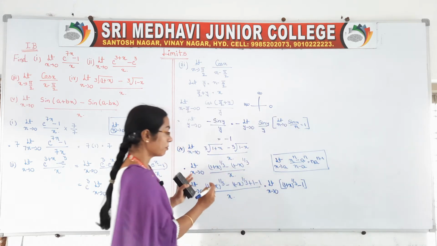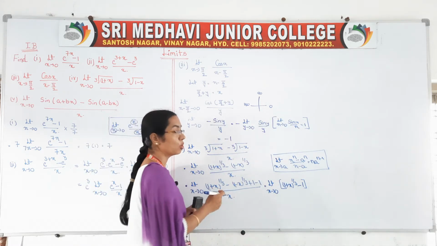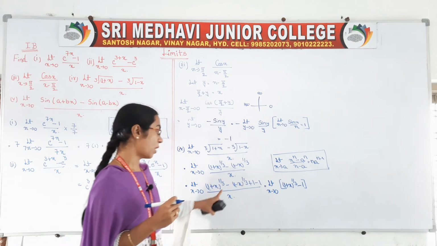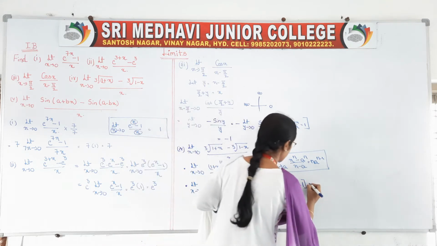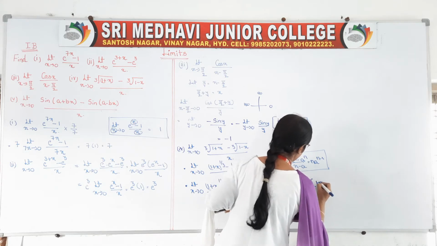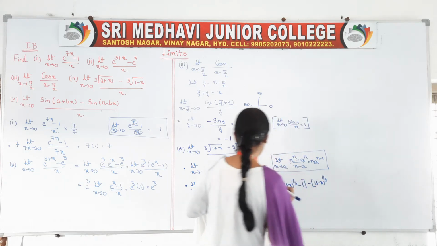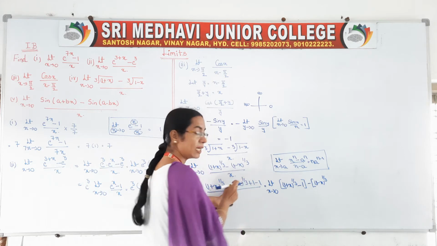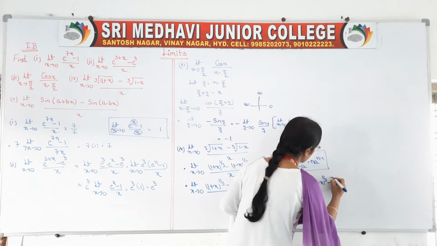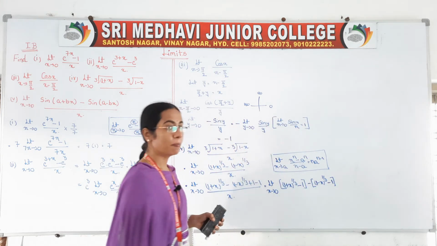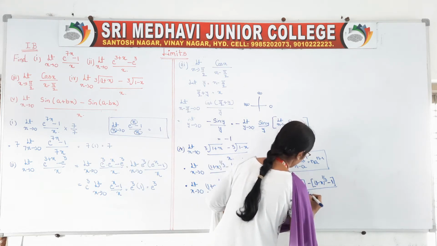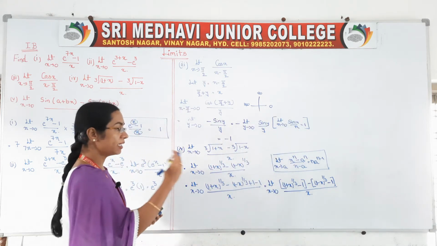Now I am splitting this into two parts. Next, I have taken minus common. Then this is (1 minus x) to the power of 1 by 3, and this plus 1 is there, so you take that as minus 1, so minus of minus is plus, by x. Now write that x separately.